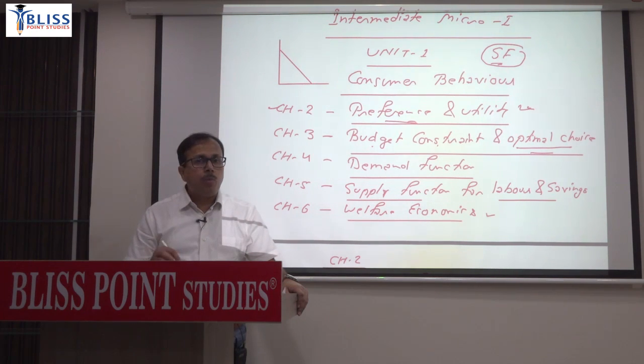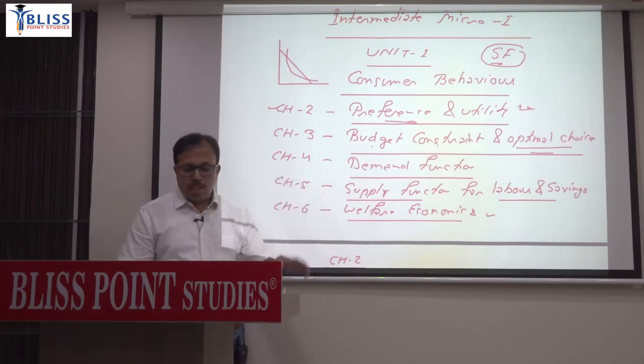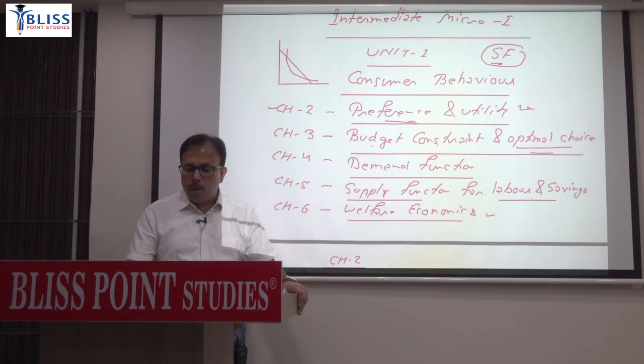What the consumer wants to buy will be determined by choice or preference, and preference is represented by indifference curve. So given that budget constraint, the consumer will choose the optimal bundle from which utility will be maximized. This will be referred to as the optimal choice.